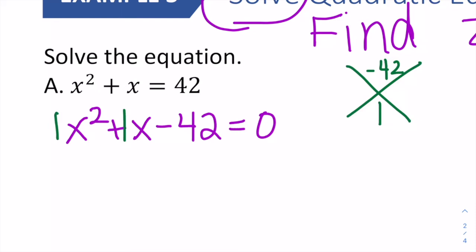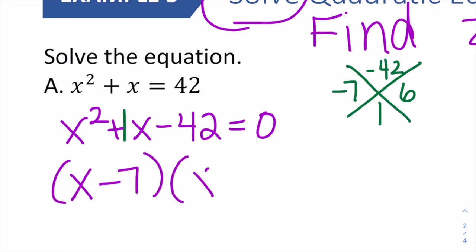So that'll be negative 7 and positive 6. Remember we talked about that shortcut, that when you factor a trinomial with a leading coefficient of 1, this is going to factor into x minus 7, x plus 6.